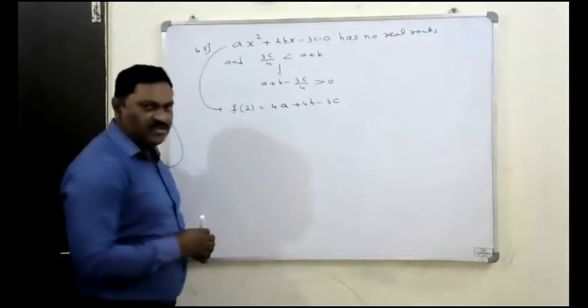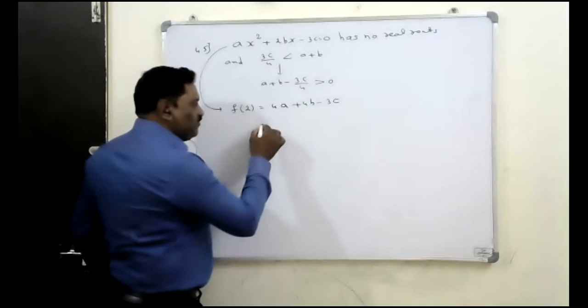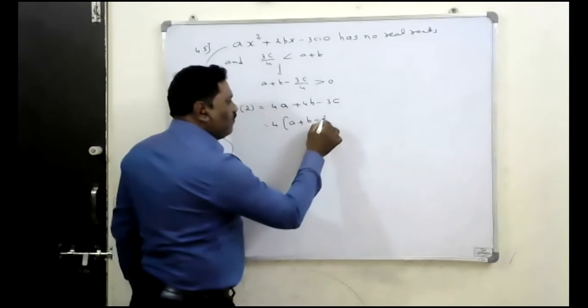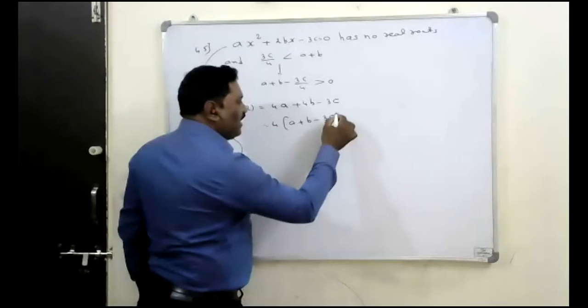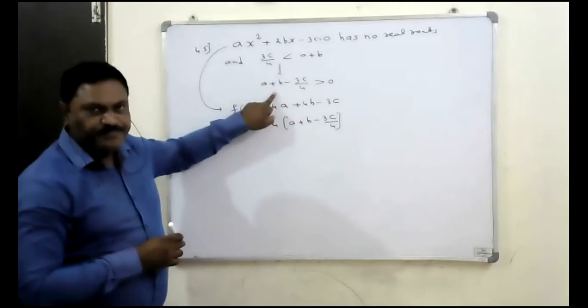If I take 4 common, we get a plus b minus 3c by 4. Exactly this condition we got.